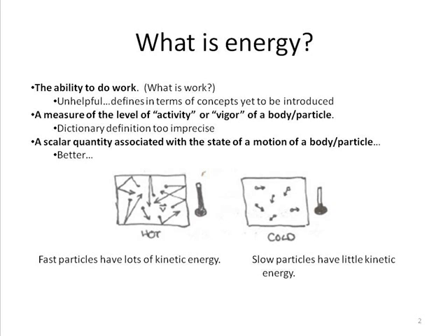If the constituent molecules are traveling fast, then we have a hot body. If they're traveling slowly, we have a cold body. This is related to the concept of temperature. Temperature really has to do with the kinetic energy of a group of particles, often a gas or a liquid, although it could also be a solid. We're going to see this concept come up much later in this course.